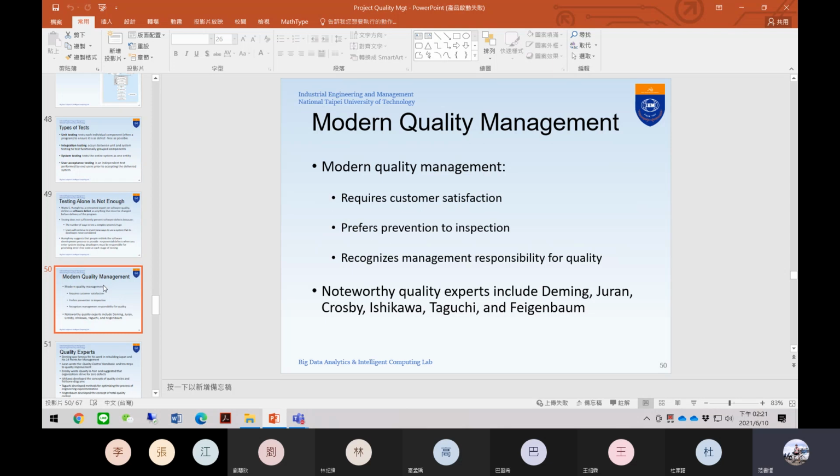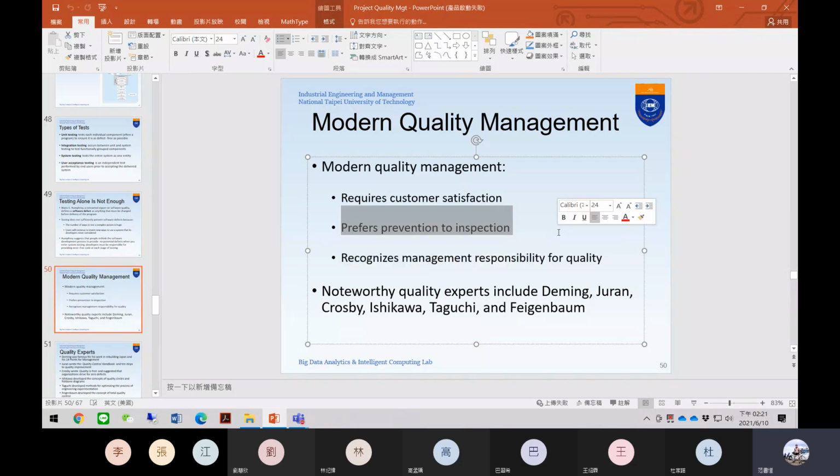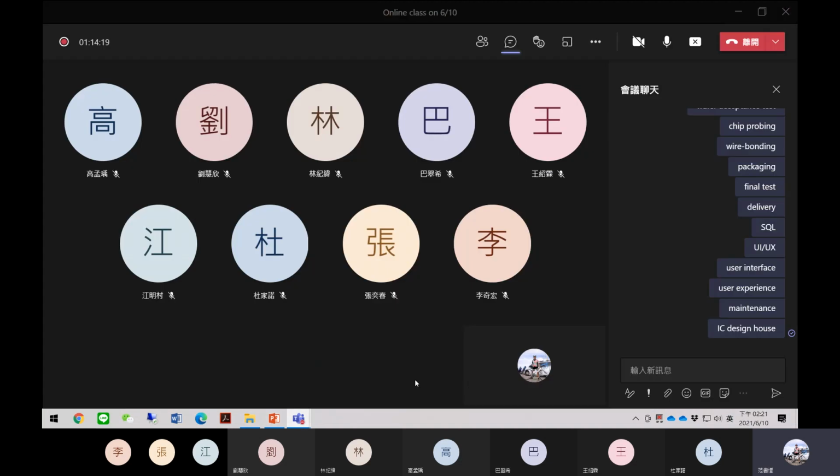Modern quality management requires customer satisfaction and prefers prevention to inspection. That means, why?